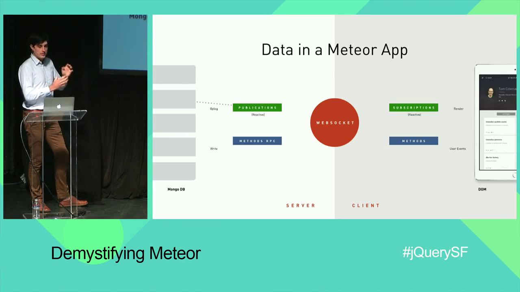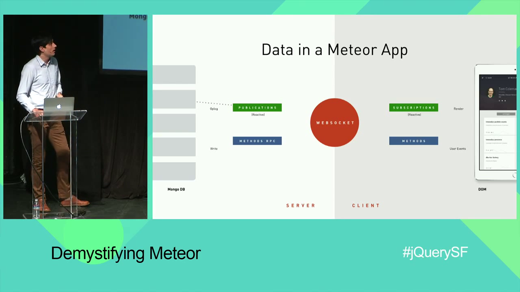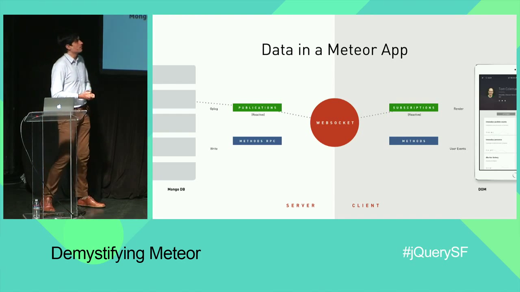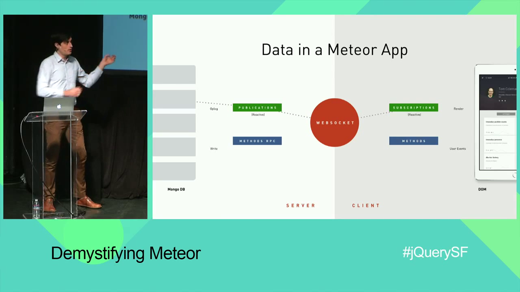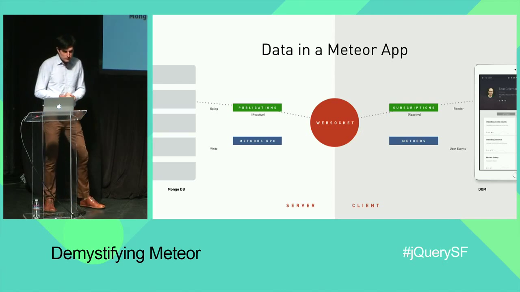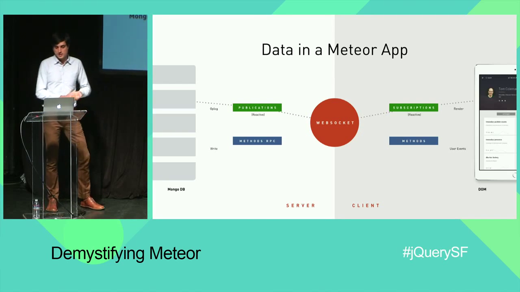That filters the data that arrives from MongoDB and only sends through the WebSocket to the client the data that's relevant. There's a subscription part of the client code that's listening to that data. Once it arrives, using Tracker, as I outlined before, it'll push that out to the DOM, reactively.